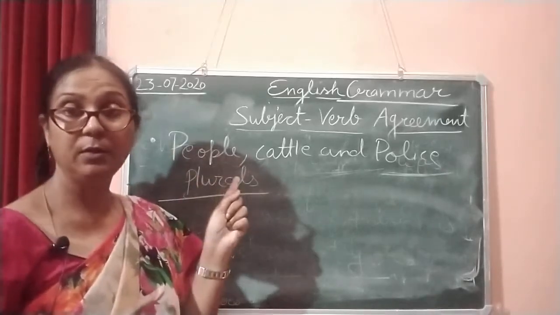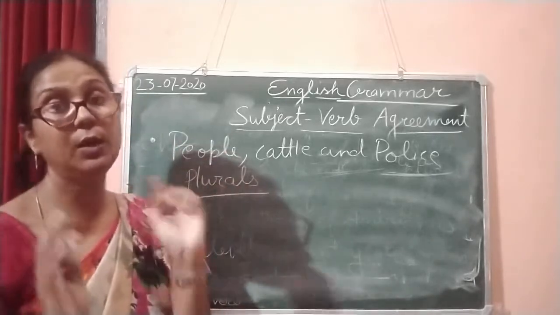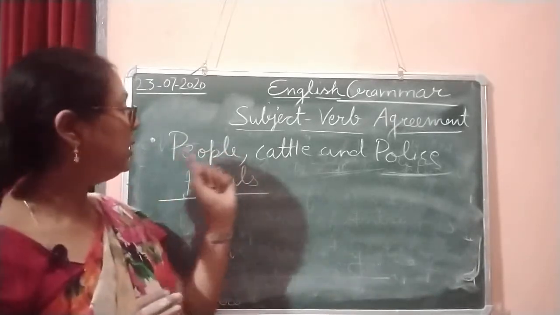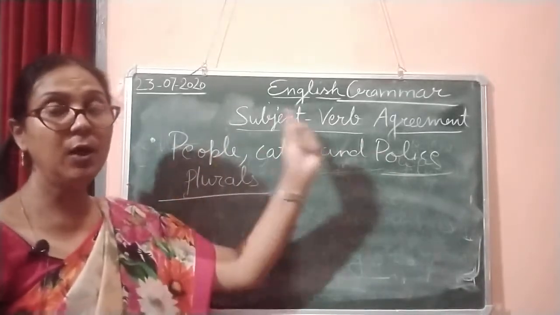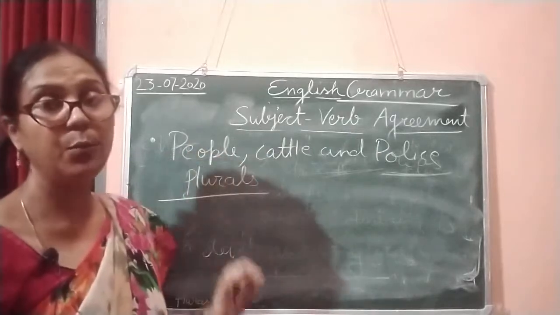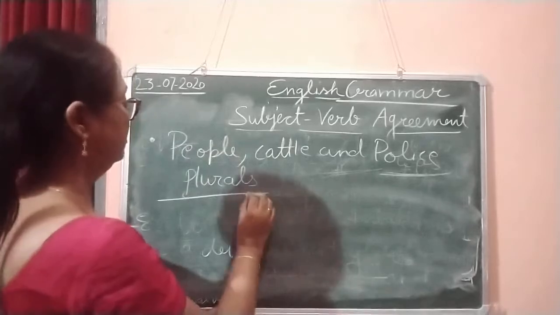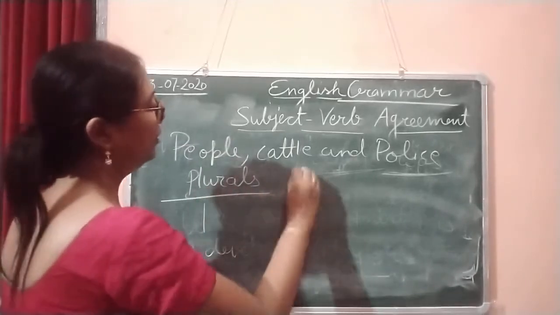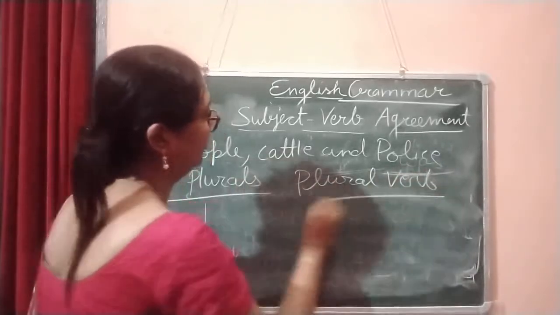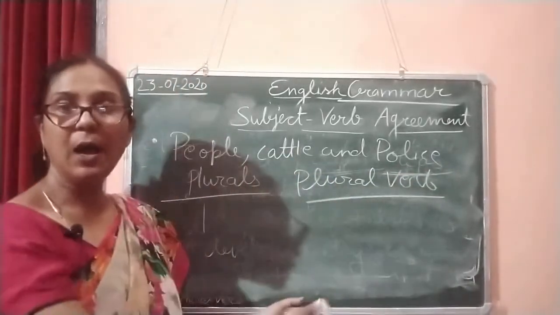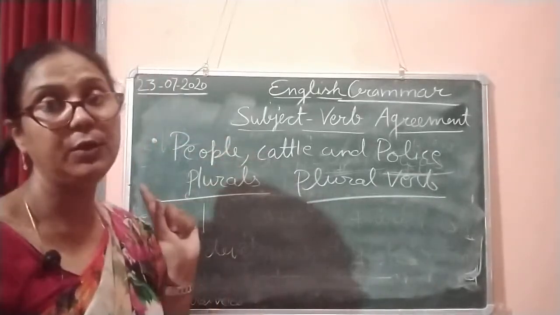No, never. Police is considered as a plural. So with these nouns, which are all considered as plural, we are supposed to write a plural verb. Plural verb always, whether it is were, are, have, anything. But we have to remember this.